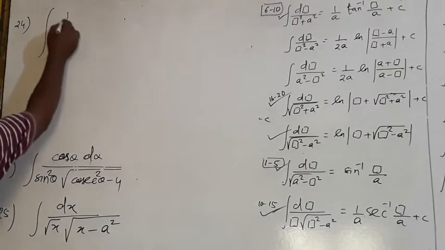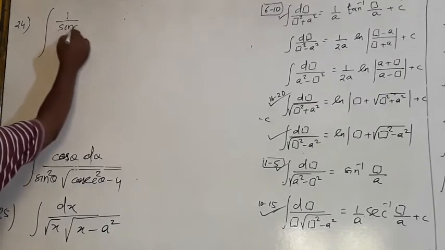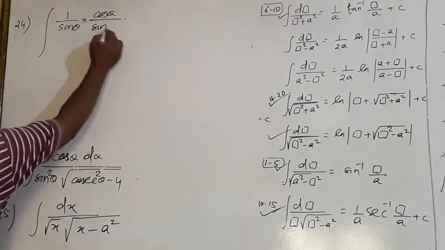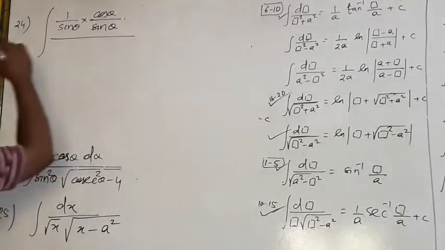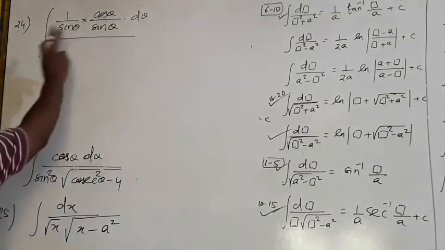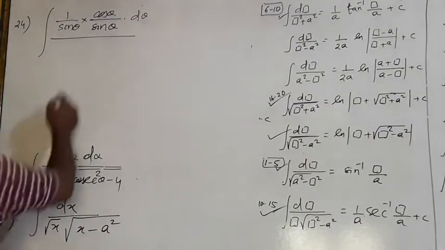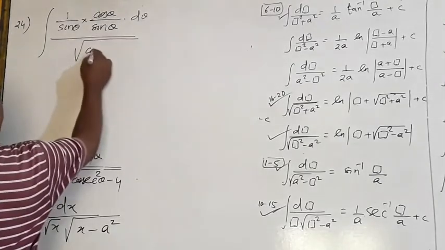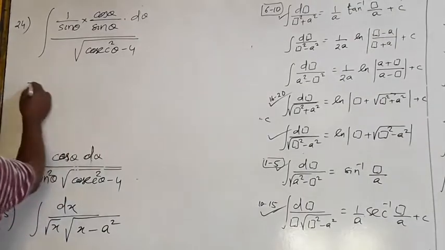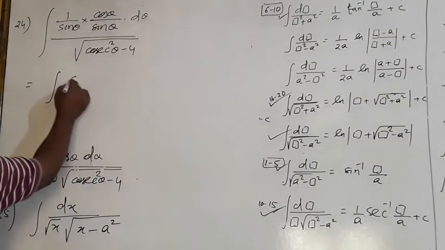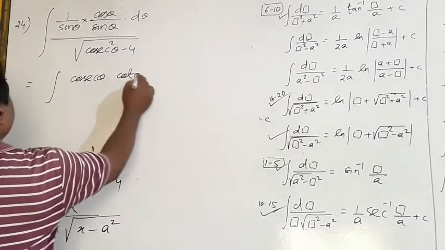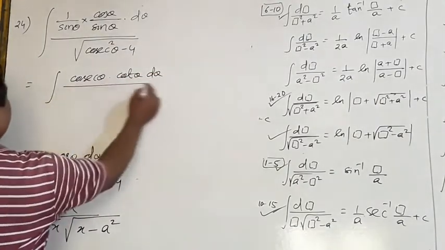You will get 1 by sin theta into cos theta by sin theta d theta. When I am dividing sin square theta in the denominator, I am getting this. Okay, it is what? Cosec theta, it is cot theta d theta.